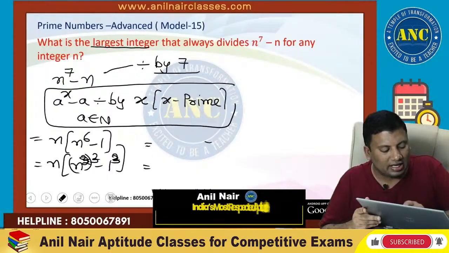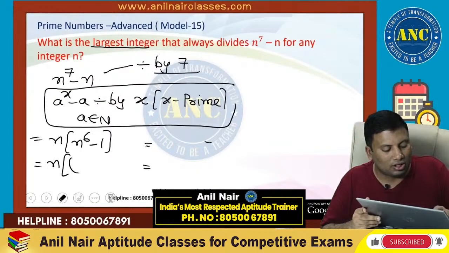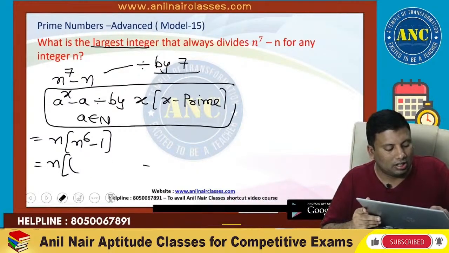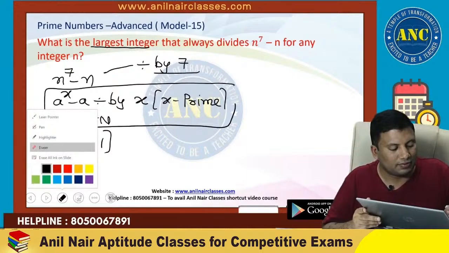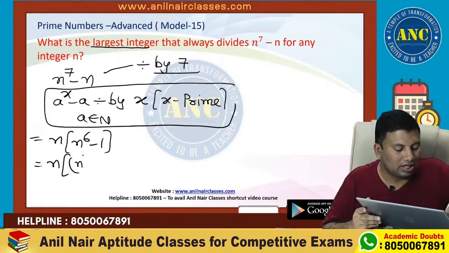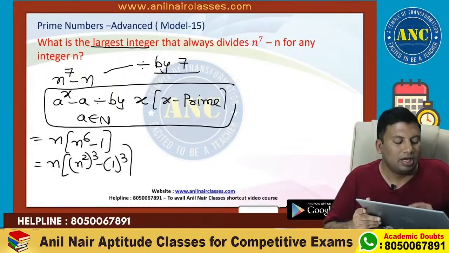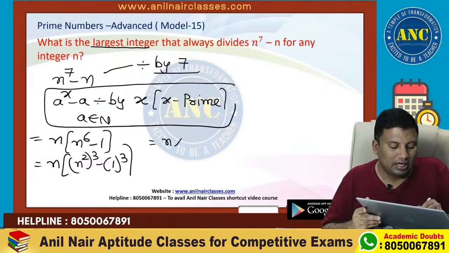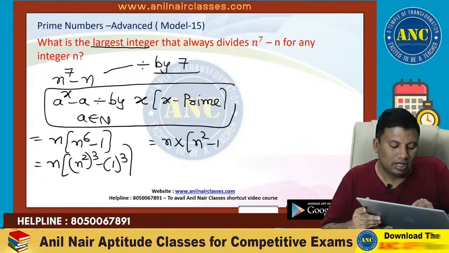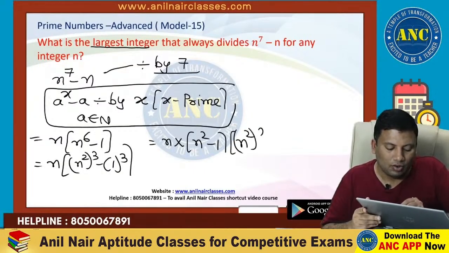Using a^3 minus b^3, it is n into (n minus 1) into ((n^2)^2 plus n^2 plus 1).